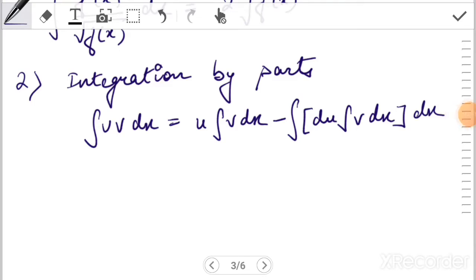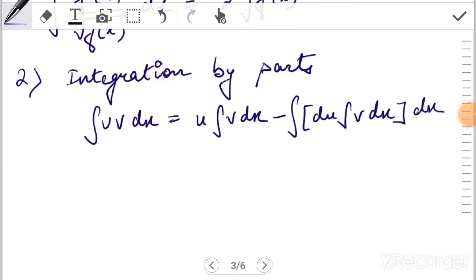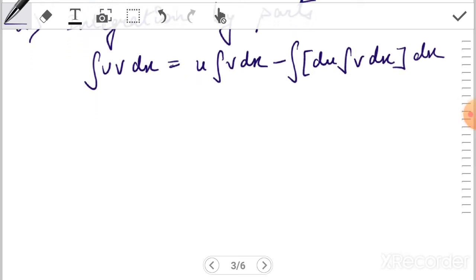For deciding the first and the second functions, one can follow the ILATE rule for integration.